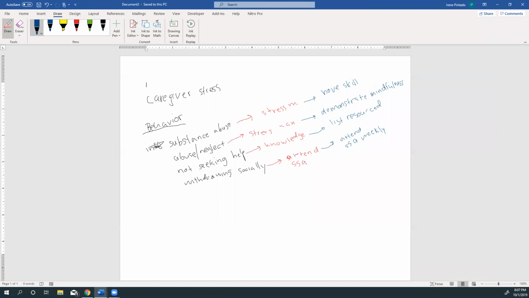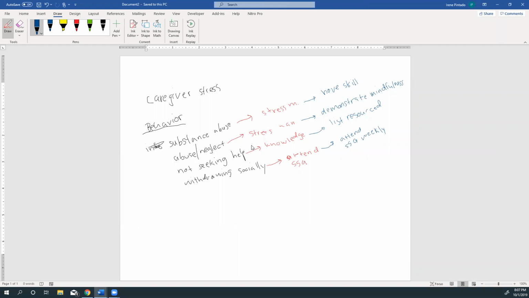Now, for the risk behaviors that you looked at, a lot of these are going to have environmental things that you can do as well, right? So let's say substance abuse is an issue. What can we do in the social environment, not so much the physical environment, to support people?